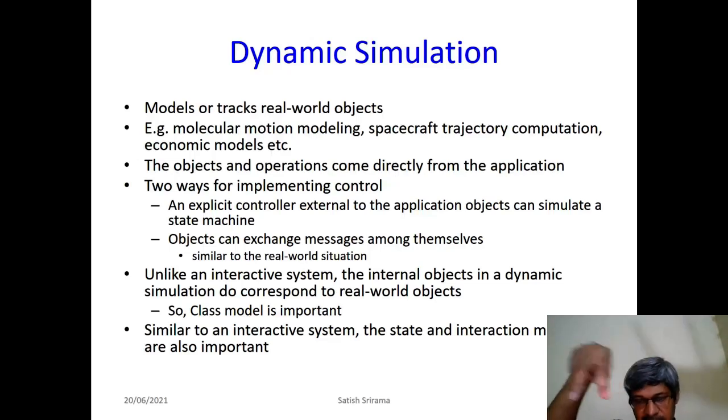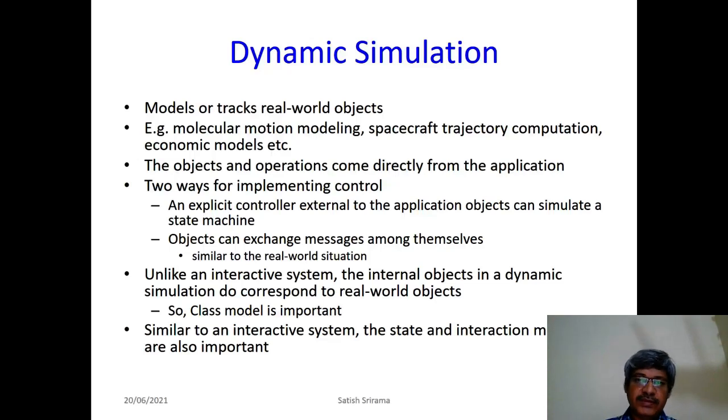There is nothing else that is controlling. Philosophically, there can be different models for it, but in general these physical objects are communicating. So in these two ways we can implement a control: an external controller managing all the objects in some form of state machine, or the objects communicating among themselves directly.